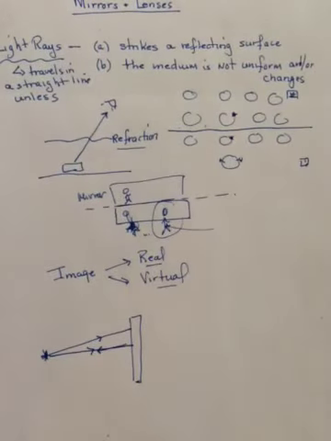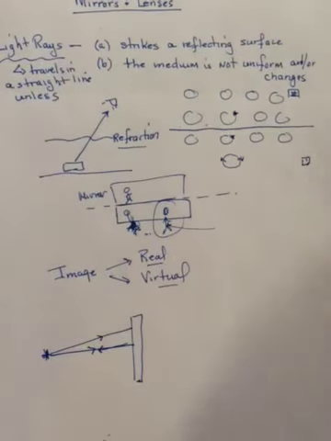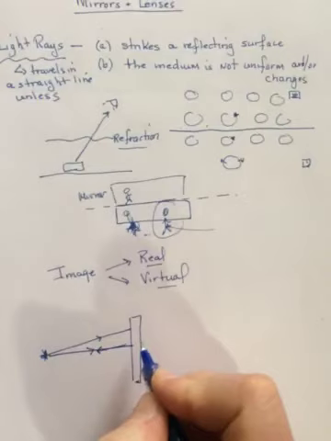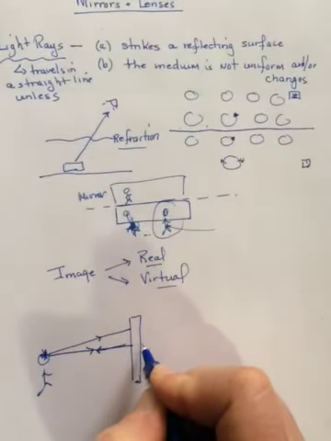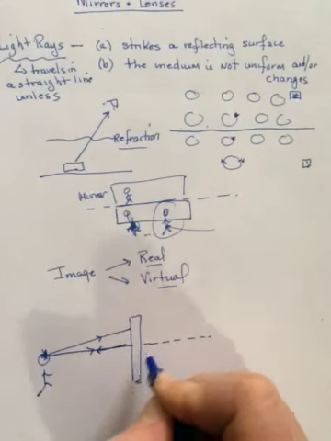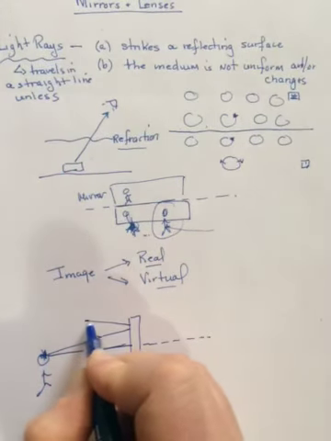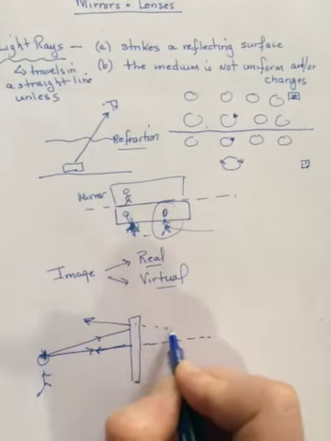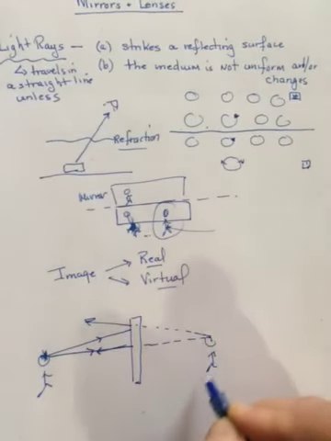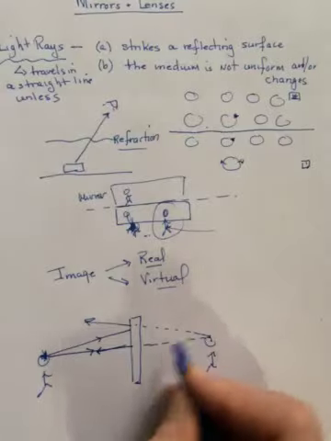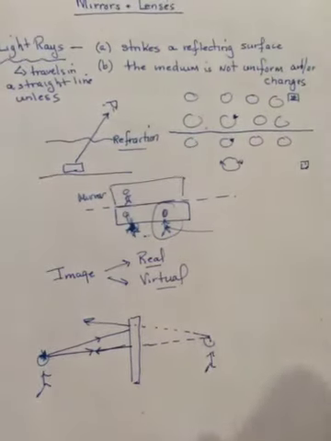So in that picture I was drawing, if this is your head, then light rays would seem like they're coming from here. This gets reflected off like this, and they'll appear to intersect back here, and so your head would appear back here. Okay, so they're not really intersecting.